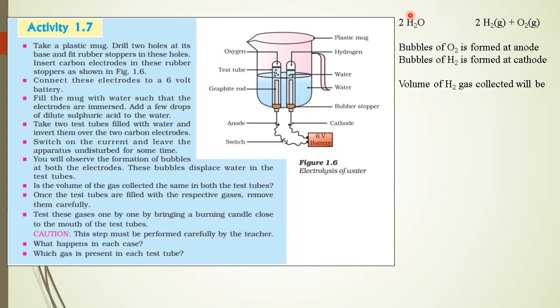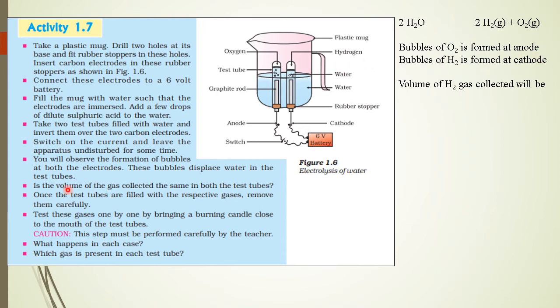The energy supplied was not heat energy, it was electrical energy. So through electricity H2O gets decomposed to form H2 and O2, with bubbles of oxygen at the anode and bubbles of hydrogen at the cathode.